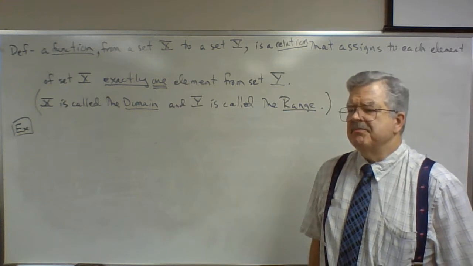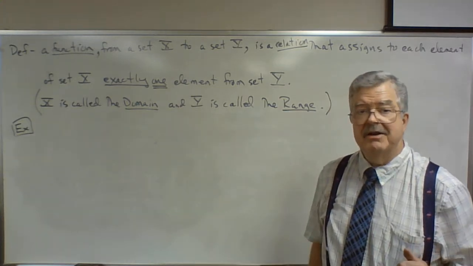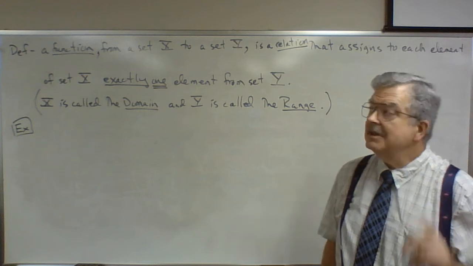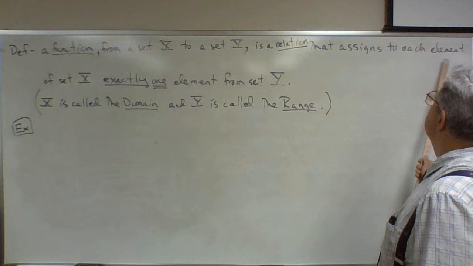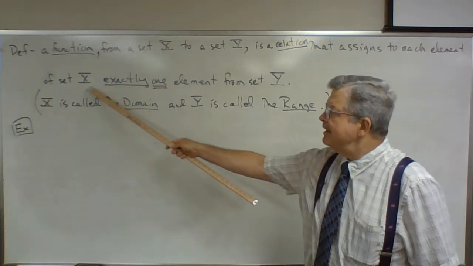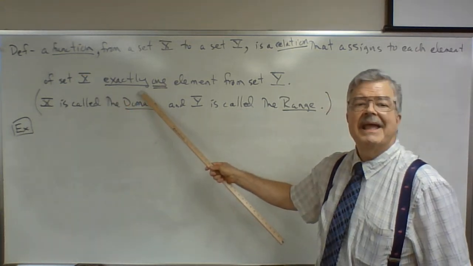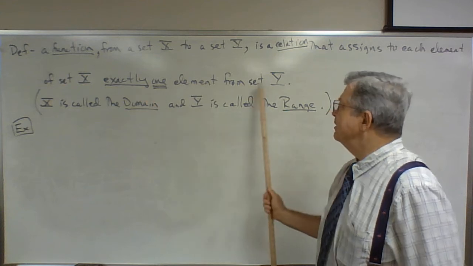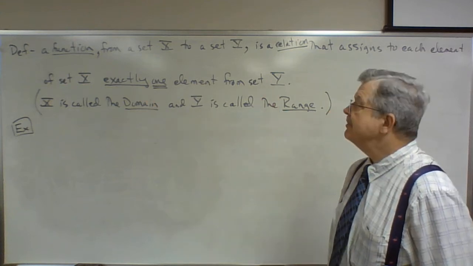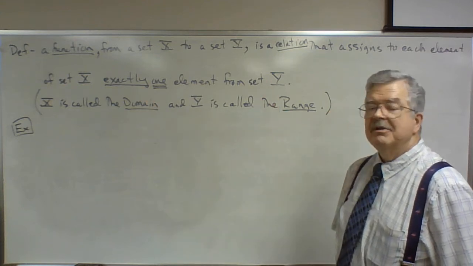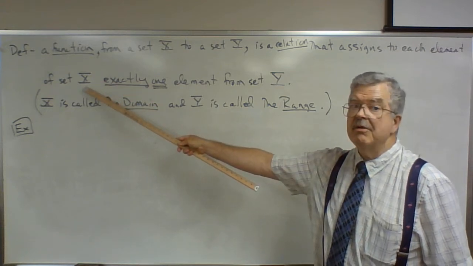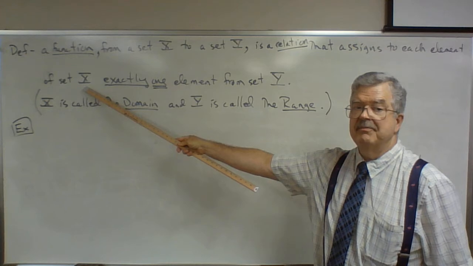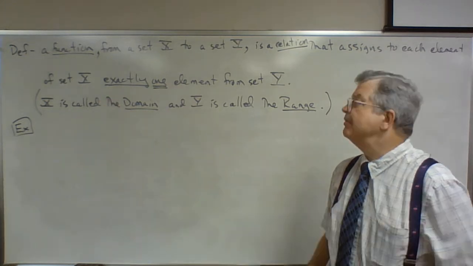So a function is a special kind of relation. A relation from a set X to a set Y is a rule that assigns to each element of set X at least one element from the set Y. A relation can assign to an element from set X more than one element in set Y. A function can't do that.